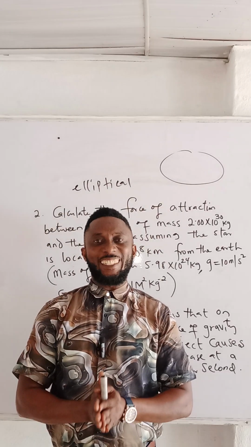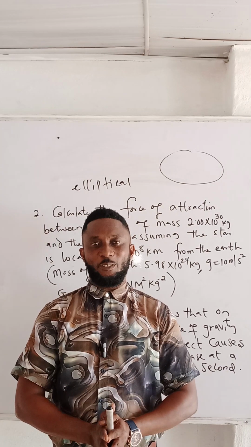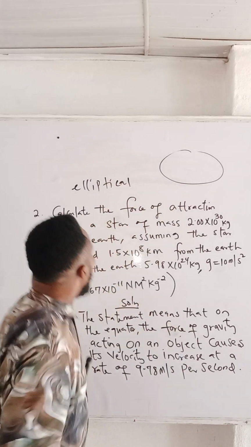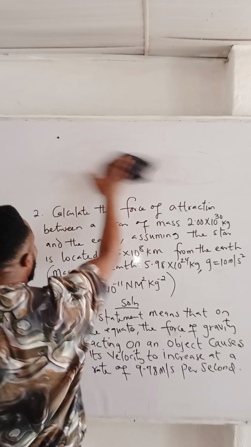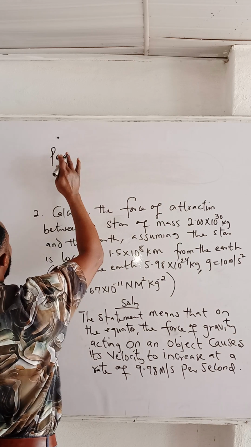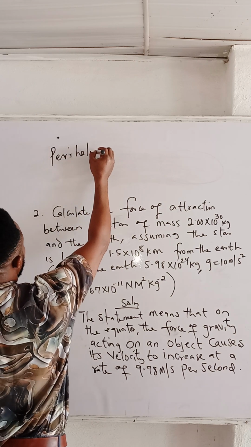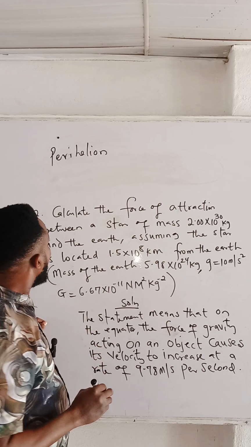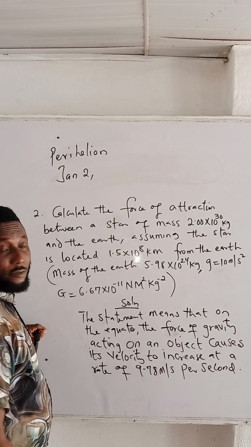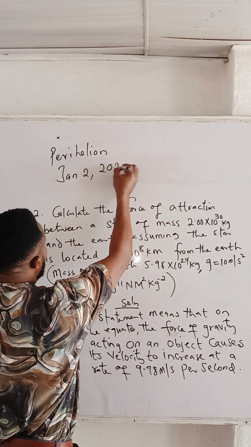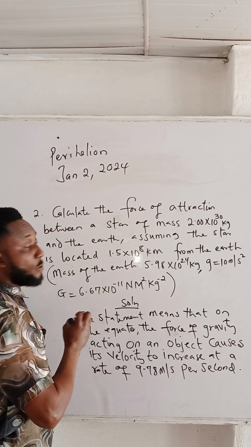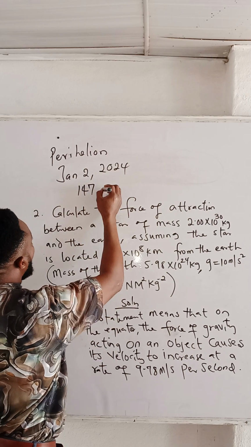So it therefore means that there are times when the Earth is closest to the Sun, and there are times when the Earth is farthest from the Sun. The time where the Earth is closest to the Sun is what they call perihelion. For this very year, it was January 2nd, 2024, and at that time the distance of the Earth to the Sun is 147 million kilometers.